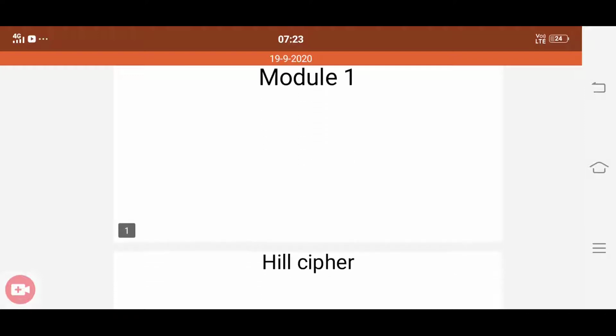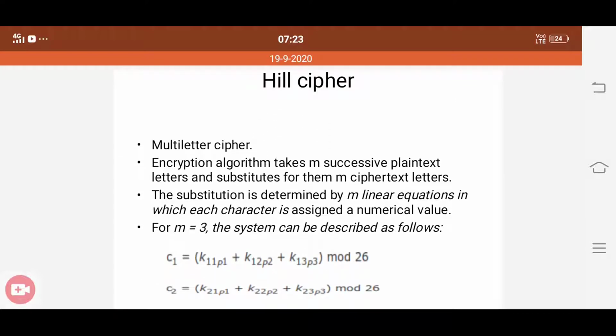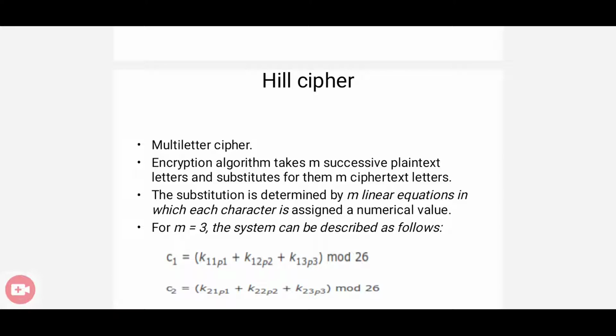So first one, Hill cipher. It's a multi-letter cipher. That means we can take more than one letter at a time and then convert it into ciphertext.